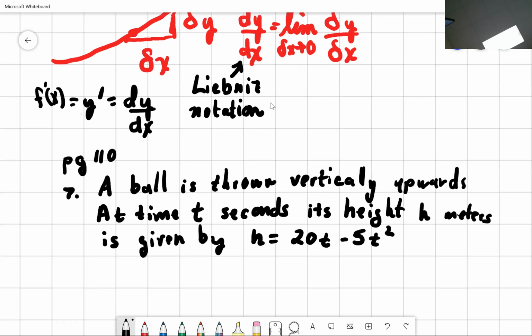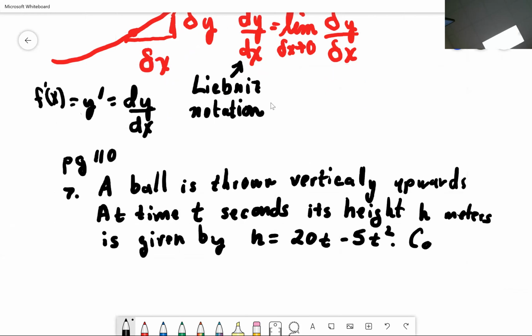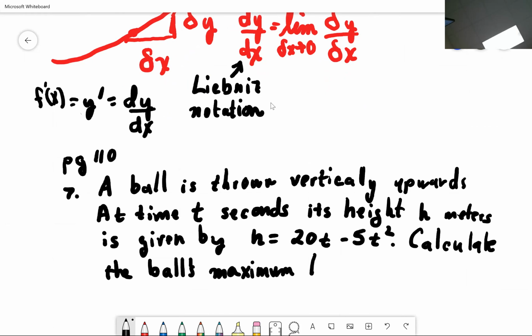And it says calculate the ball's maximum height above ground.